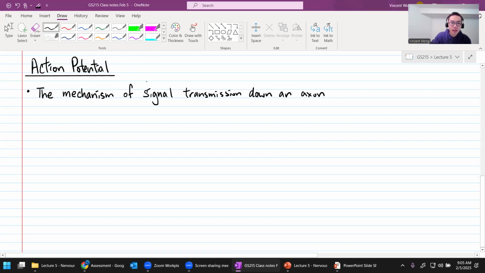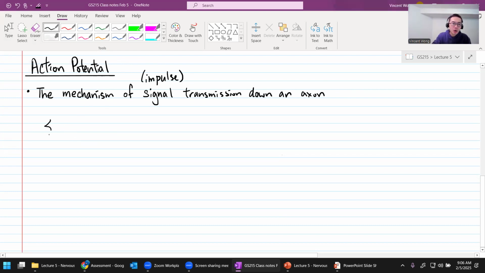Now we have another name for signal. Signal is fine, but sometimes you will see in the PowerPoints or in things that you read, it's called an impulse. An impulse is essentially an electrical signal.